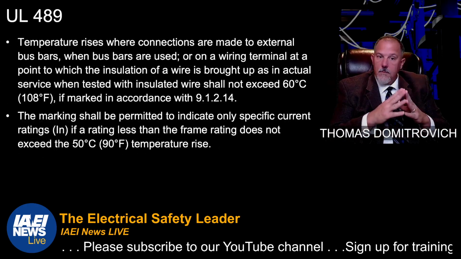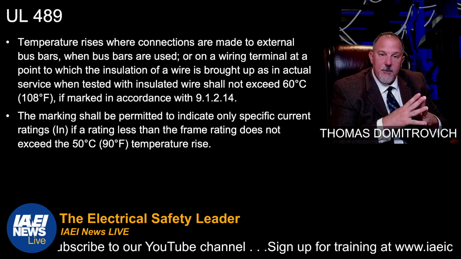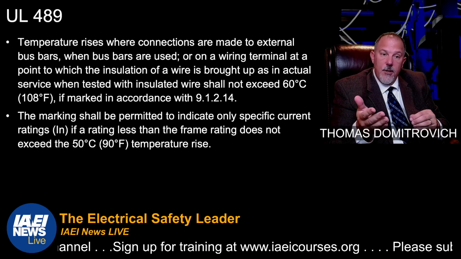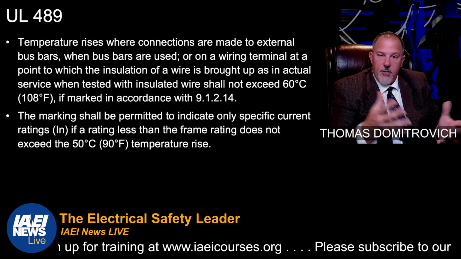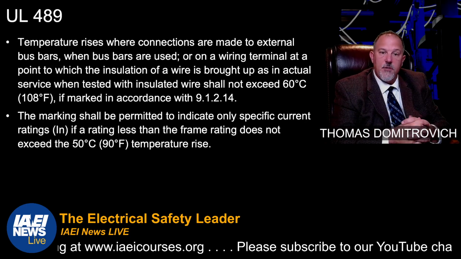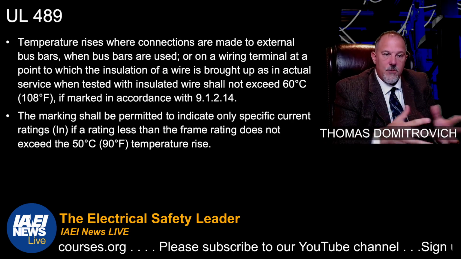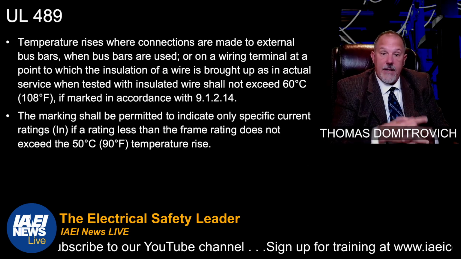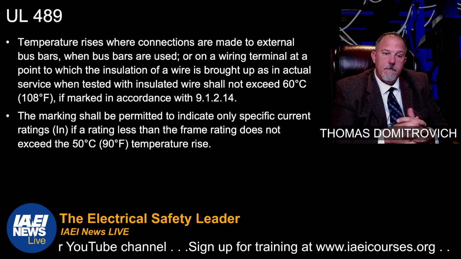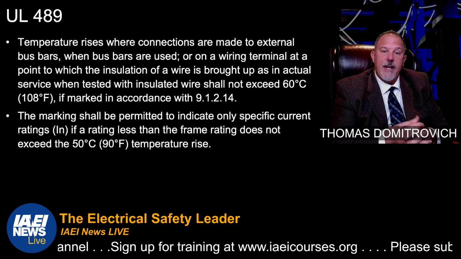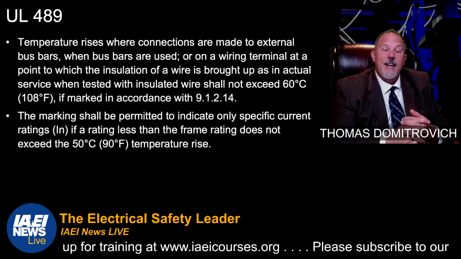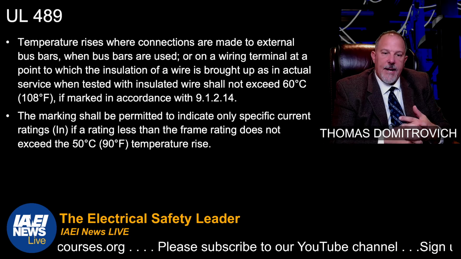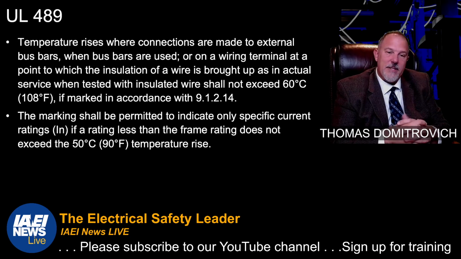Now, temperature rises where the connections are made. And I remember I mentioned this earlier. Where the connections are made to external bus bars, when bus bars are used, or on a wiring terminal at a point in which the insulation of a wire is brought up as in actual service, when tested with the insulation wire, shall not exceed 108 degrees Fahrenheit, 60 degrees C. The marking is permitted to indicate only specific current ratings if a rating less than the frame rating does not exceed 90 degrees Fahrenheit, 50 degrees C, temperature rise.